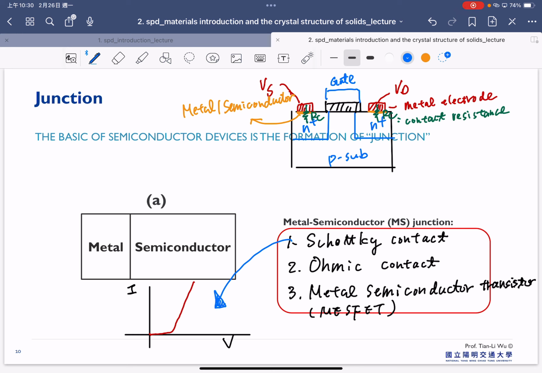And the other case, the complete opposite, is the ohmic contact.